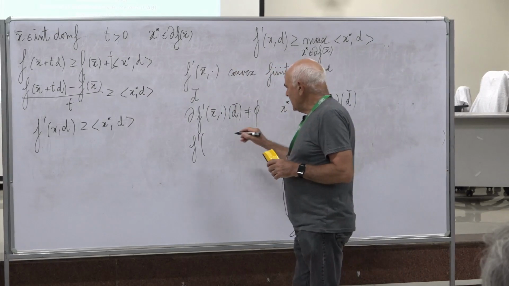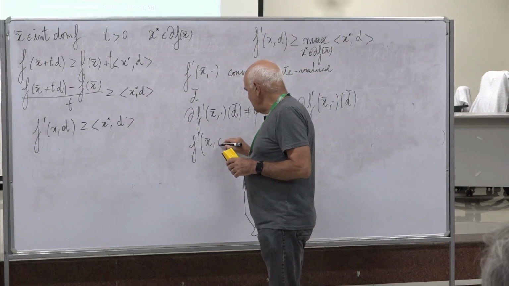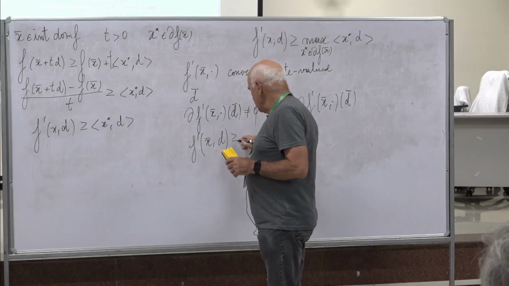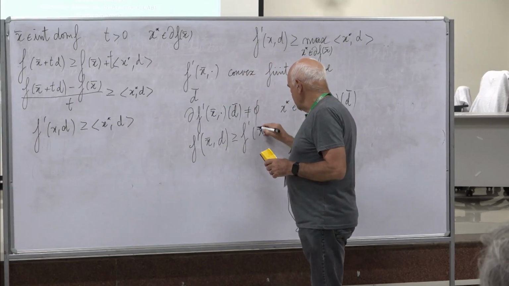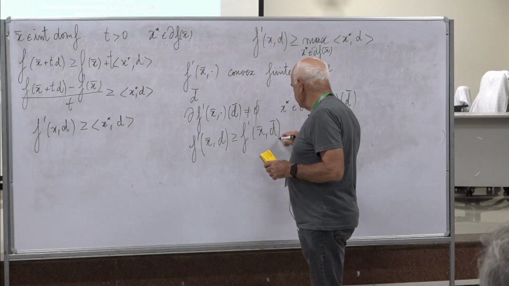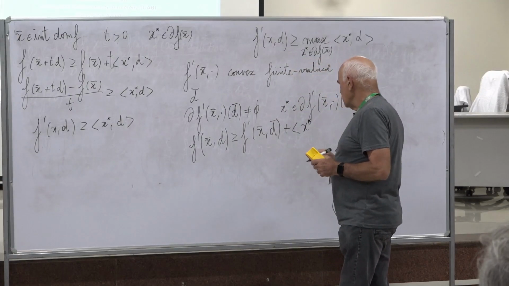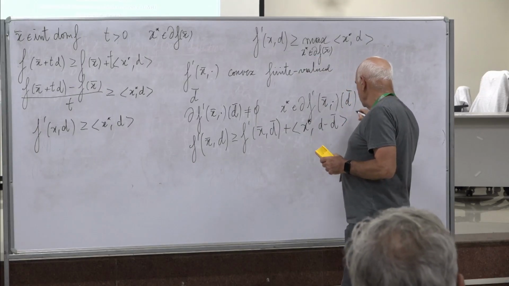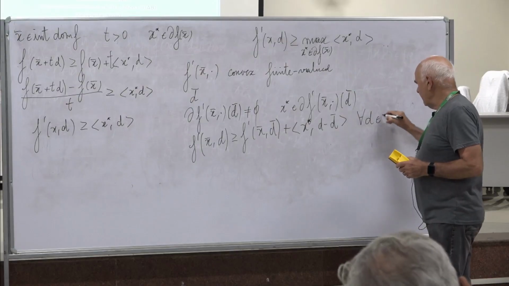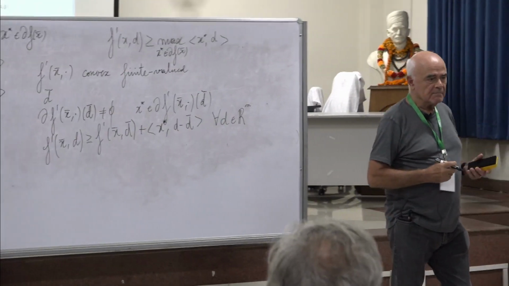And now the subgradient inequality would tell us that f prime of x bar d is greater than or equal to f prime of x bar d bar plus x star (d minus d bar) for every d in Rn. Do you agree?